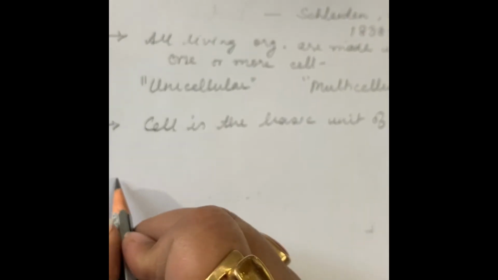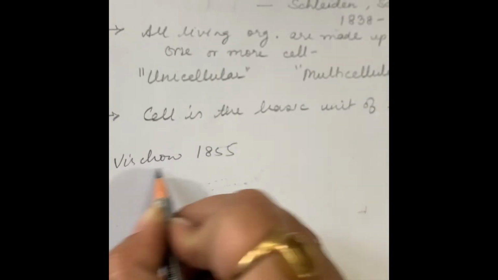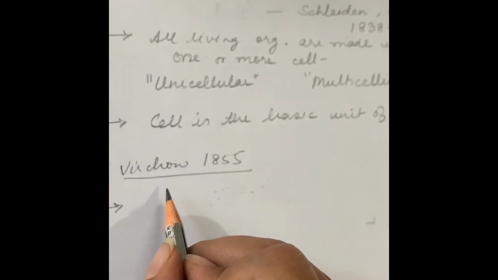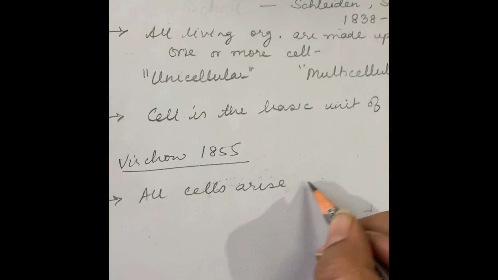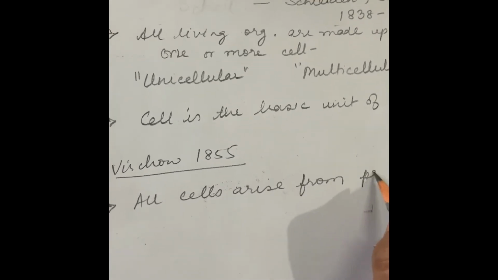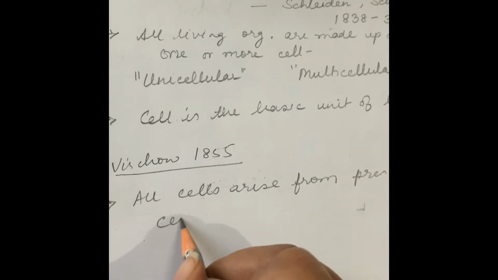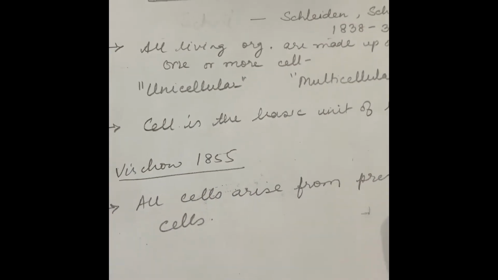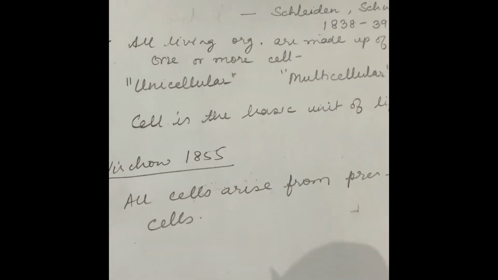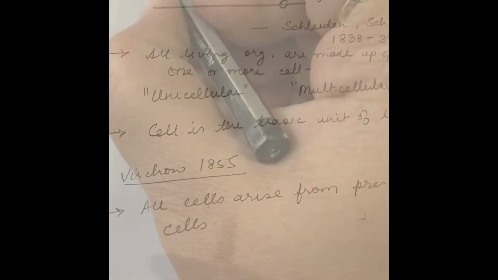And another scientist, Virchow, in the year 1855 added another point saying all cells arise from pre-existing cells. Now these were the points which come under the cell theory. This is a very important topic from your syllabus.